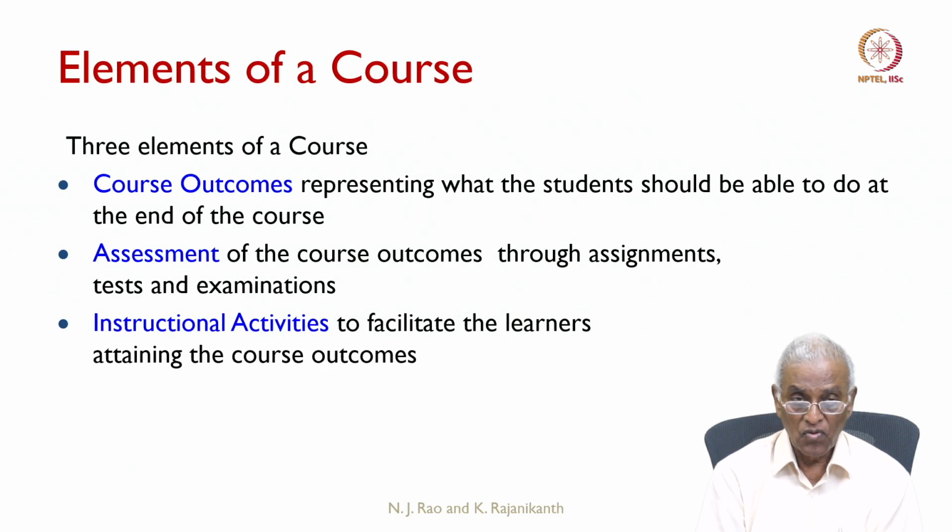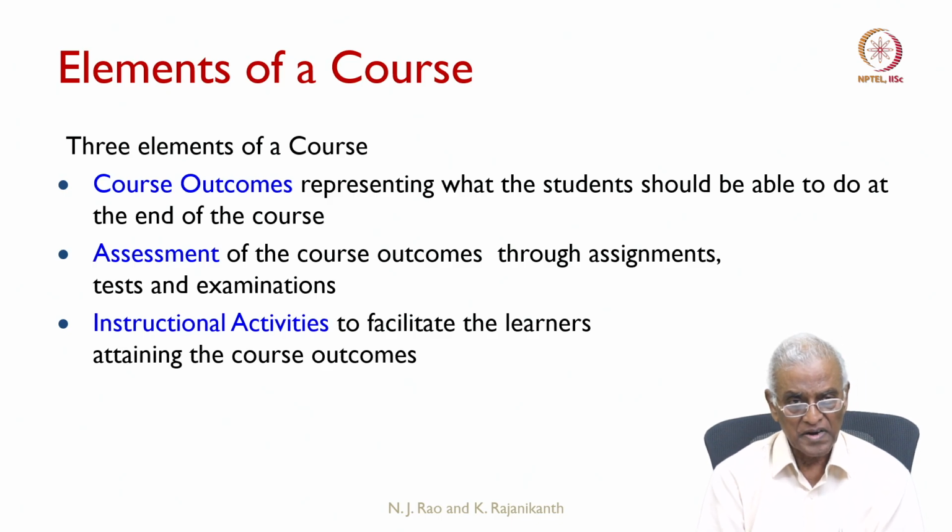And how do we write a course outcome? We will present it, but what should be written is an academic decision to be made by the teacher. Then we need to find out at the end of the course whether the students have actually attained these outcomes.